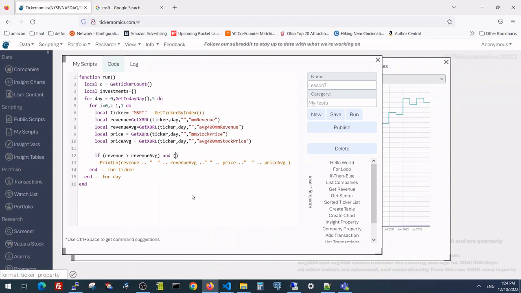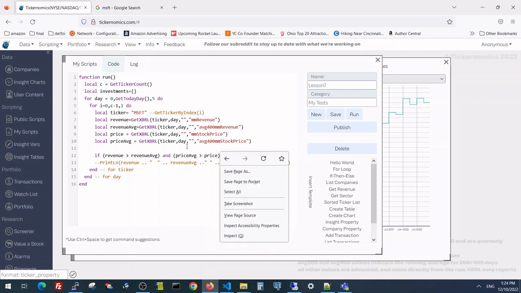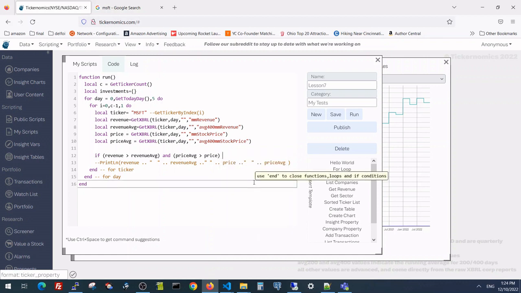And most importantly, price average is bigger than our current price, so price is below average, but our revenue is above average, so I think it's a favorable thing, right?